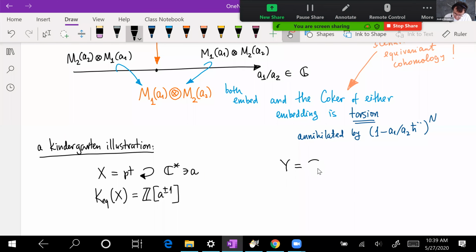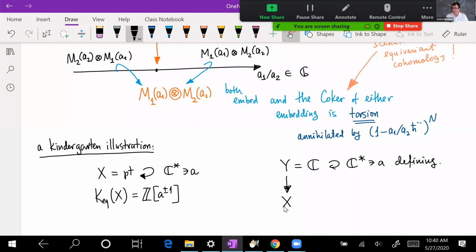C, again with an action of C star, which is the defining action. Then this maps to X, right?